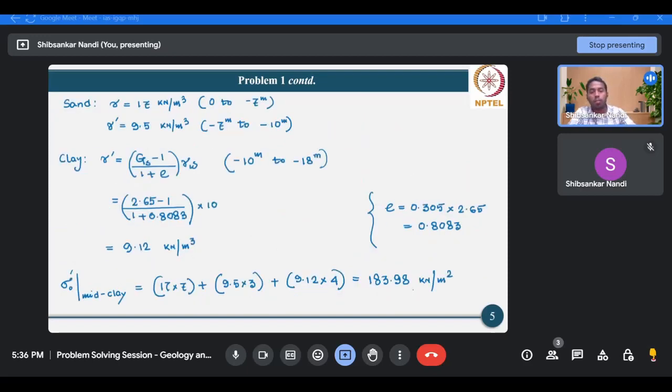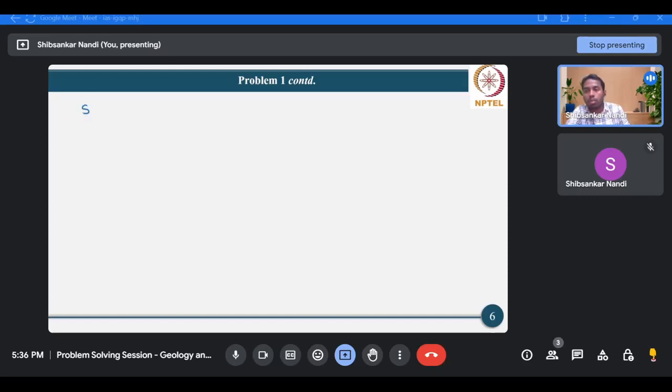Now we'll substitute these values in the equation of Sc. So Sc would be 0.225 divided by (1 plus 0.8083), multiplied by 8, multiplied by log of (183.98 plus 115) divided by 183.98.